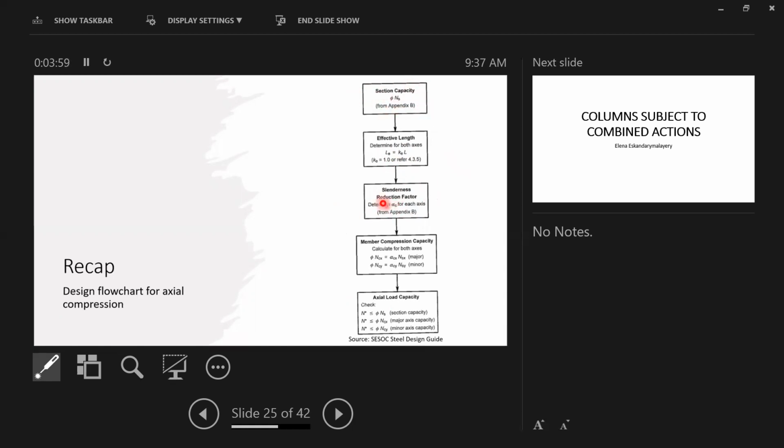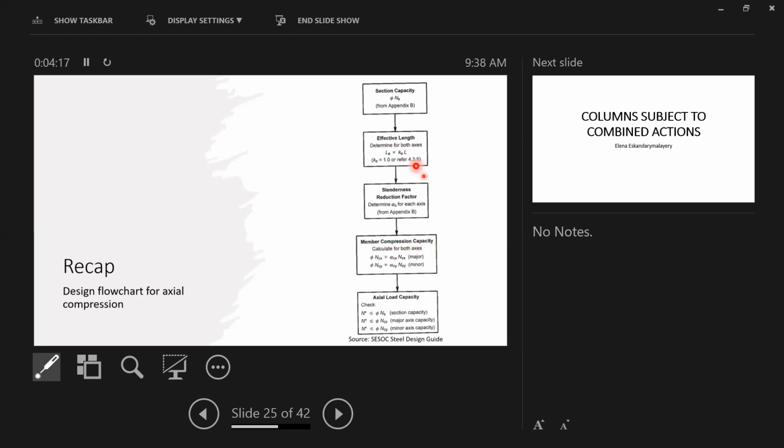You can read the slenderness reduction factor, which depends on the effective length from that table. And after that, you will be able to calculate the member compression capacity.